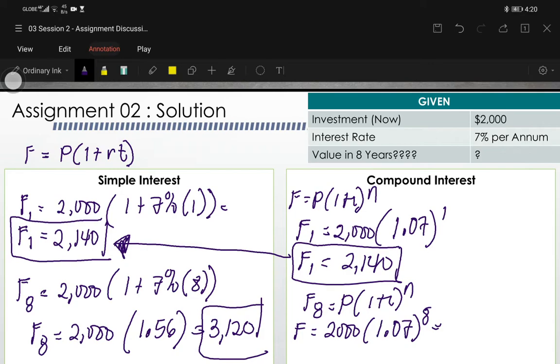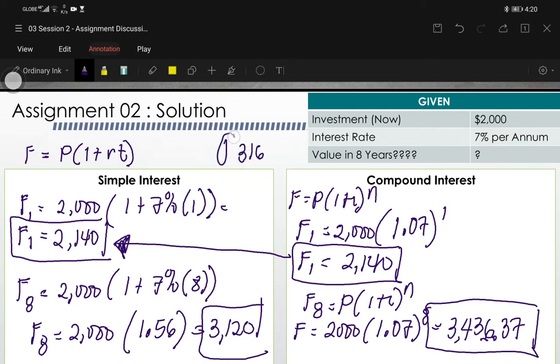So with that, it would give you a value of 3,436.37, which would give you a difference of $316.